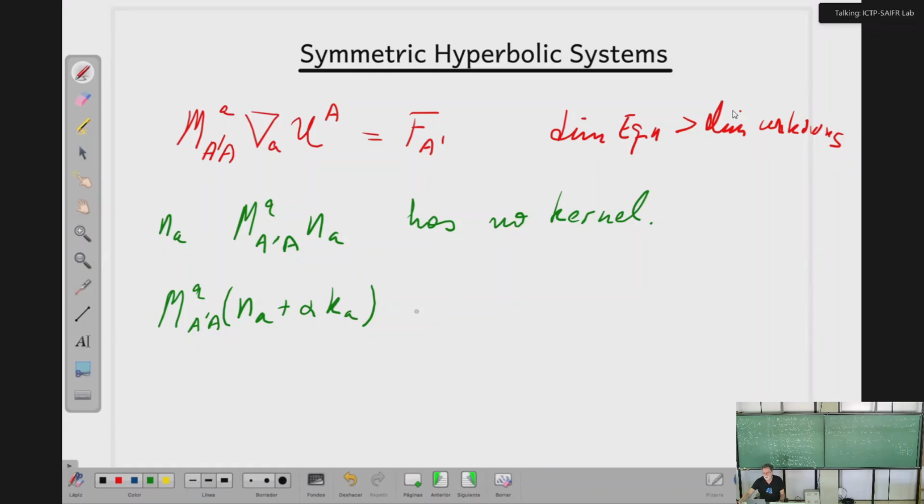And several things could happen. There is never a kernel, and these were the elliptic equations. There is one kernel, and these were the parabolic.